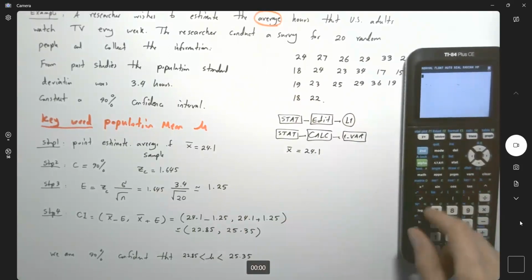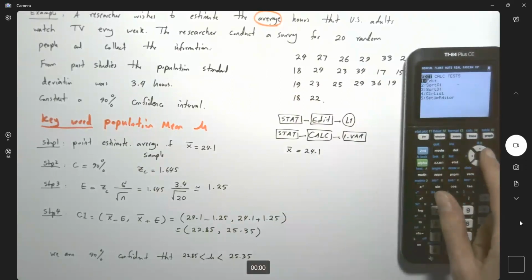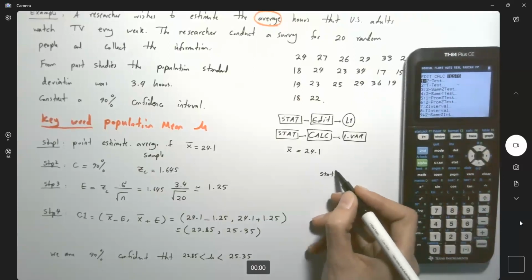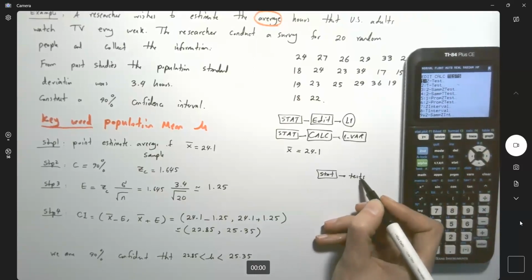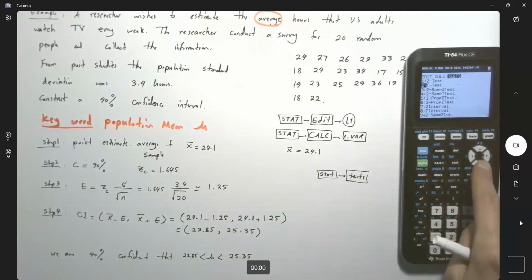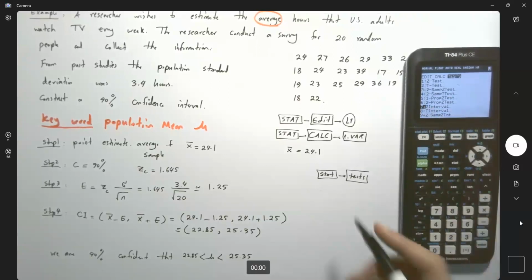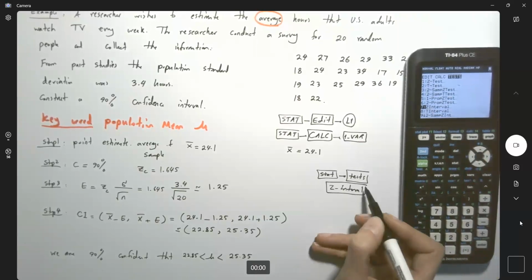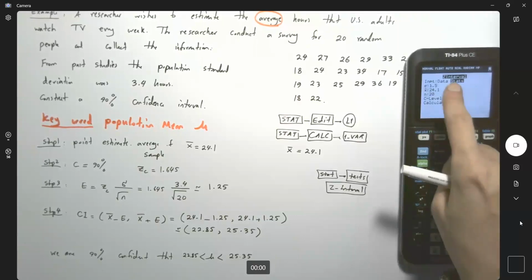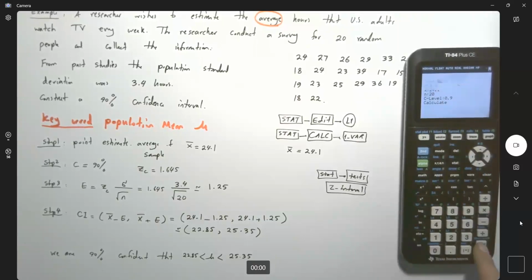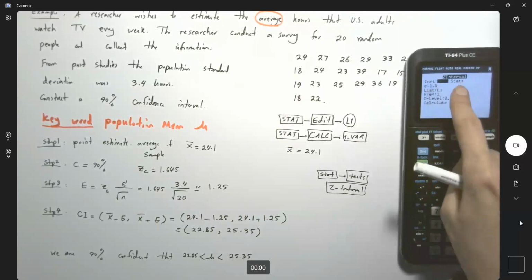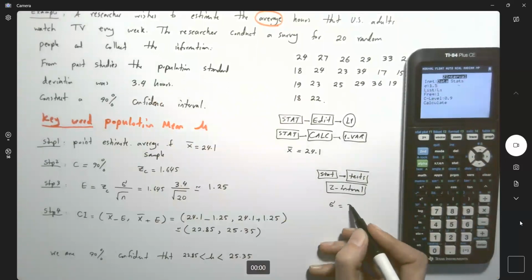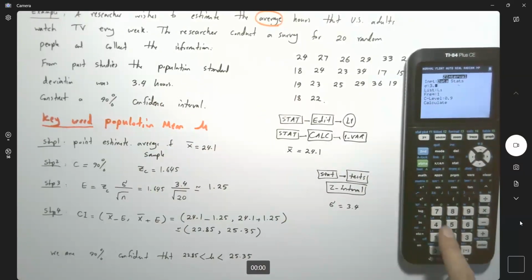You can click on Stat and then Tests. Stat and Test. And then we need to find Z interval. Okay, since we have the data, we're going to select the data. So in our data, sigma is 3.4.